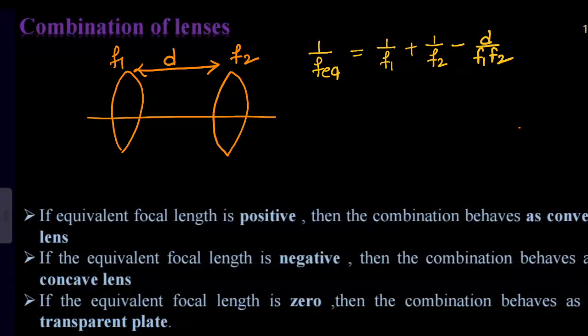Here d is the distance between the two lenses.